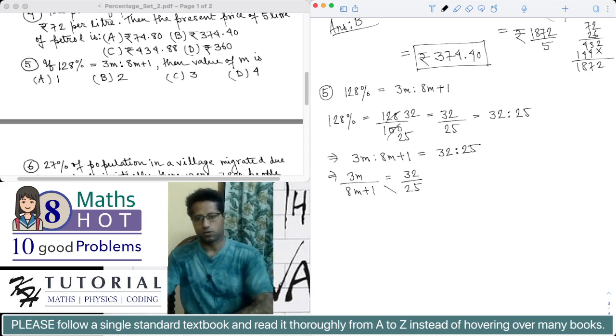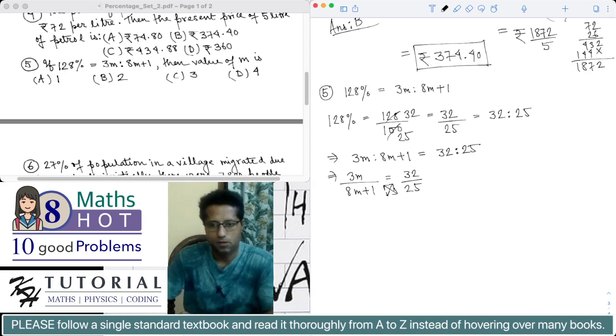Now, by doing cross multiplication, we have to find the value of m. So this implies 25 into 3 is 75, 75m is equal to 32 multiplied by 8m plus 1.